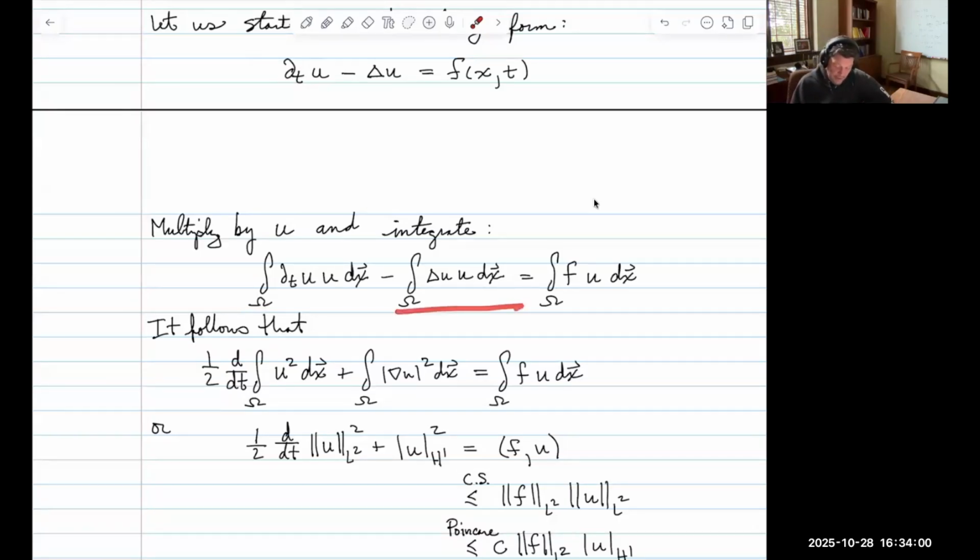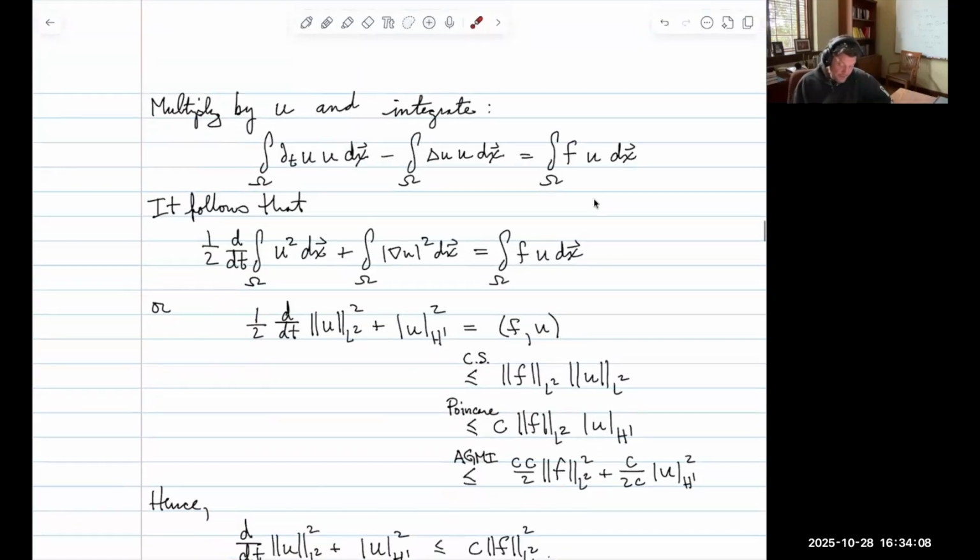As I said, after doing integration by parts, that integral becomes that one, and this one I didn't change anything. Notice now that this guy, just in that box, is an L2 norm of u. This is an H1 semi-norm of u, and so I've just converted those directly. This guy doesn't change, and so we'll bring it down. That's our notation for the L2 inner product.